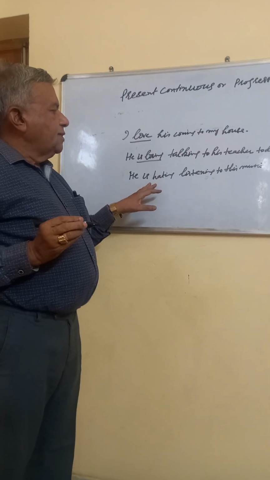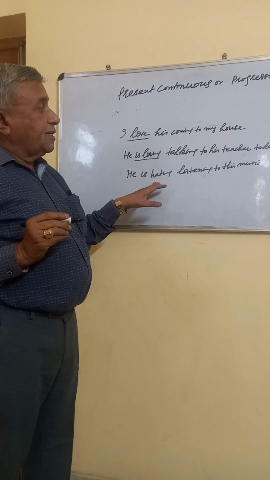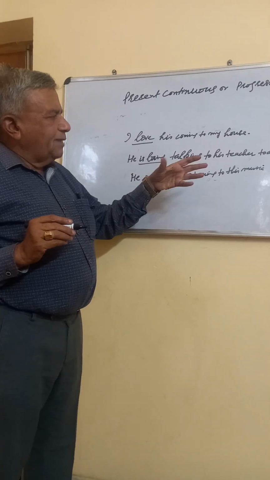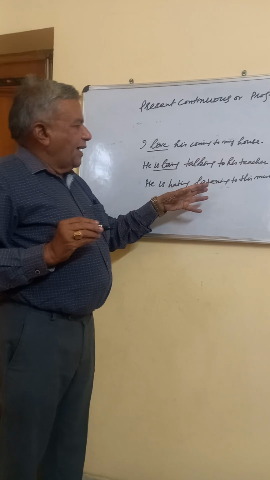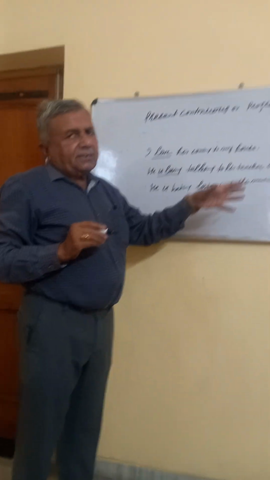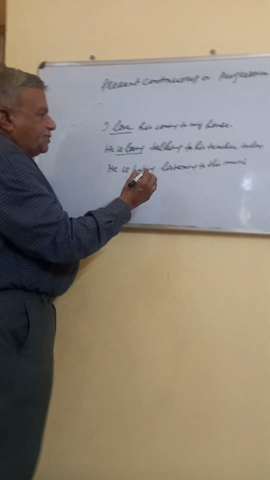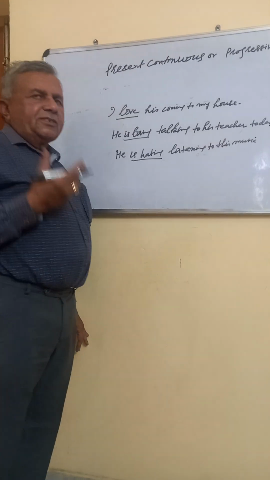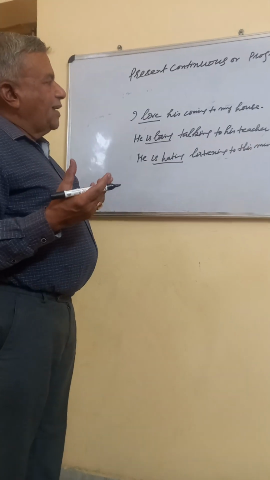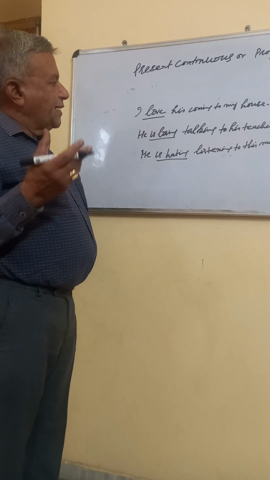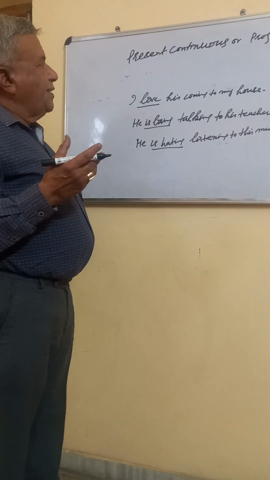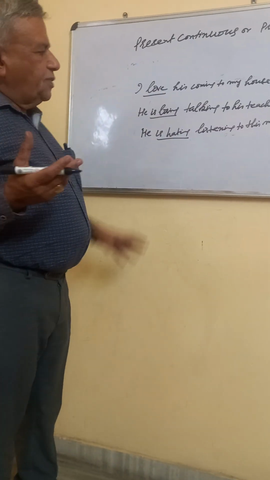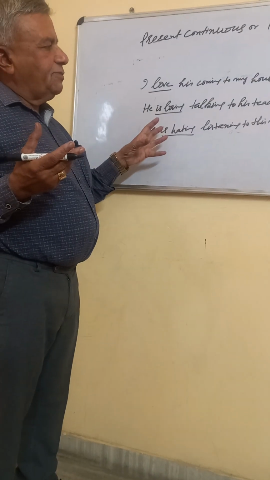It is a temporary reaction because of the music not being to his liking. So in this kind of situation, when he is hating shows a temporary reaction, not the general reaction, we are allowed to use continuous tense even with stative verbs. So these are the different usages of continuous tense.